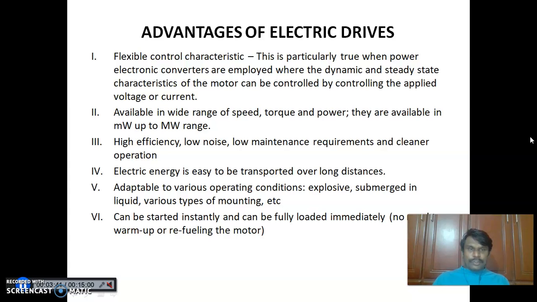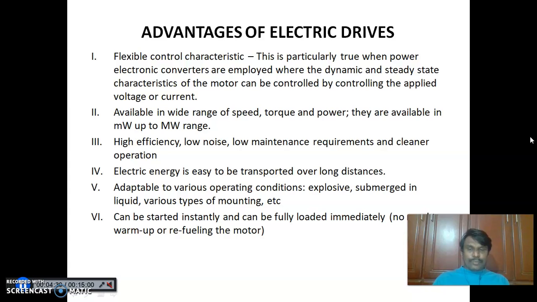This is particularly true when power electronic converters are employed, where the dynamic and steady state characteristics of the motor can be controlled by controlling the applied voltage or current. That is the electrical characteristics point of view. If you change the applied voltage, you change the current, and the corresponding dynamic and steady state characteristics of the motor are controlled by controlling the applied voltage and current.